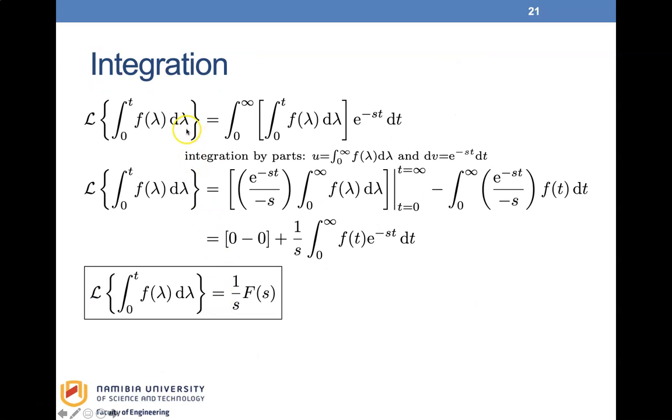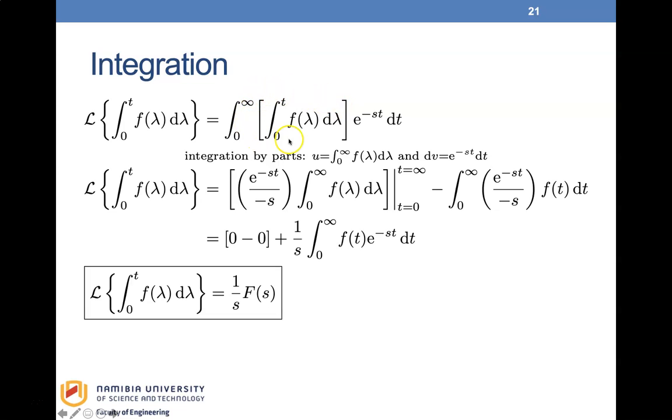For the integral, it's this more complicated equation where you apply the Laplace transform to the integral of f of lambda d lambda, from 0 to t. Now you are Laplace transforming this integration, so you have the integral from 0 to infinity of e raised to the power minus st dt.